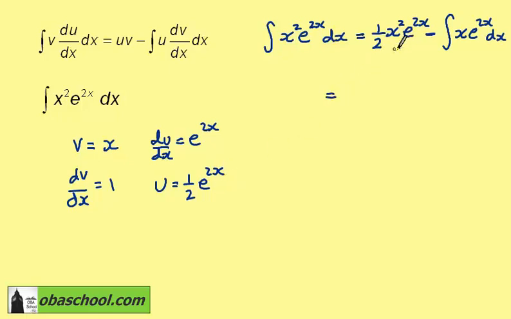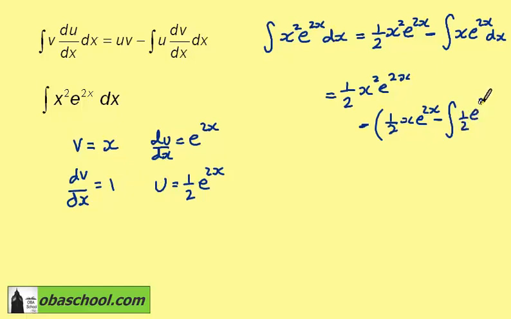So here, this part is already integrated, and so stays the same. And then we need to subtract the second integral, which becomes our new uv, a half x e to the 2x, take away the integral of u dv dx, which is a half e to the 2x.